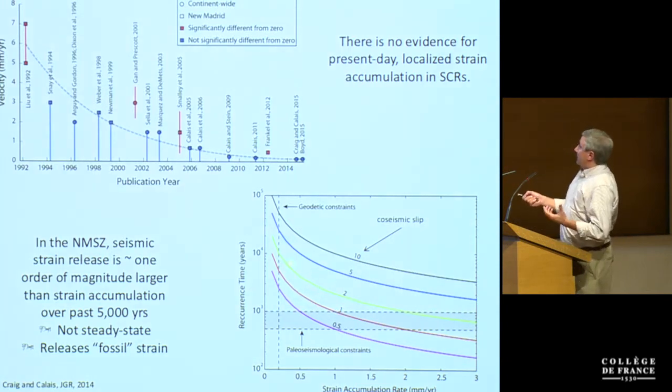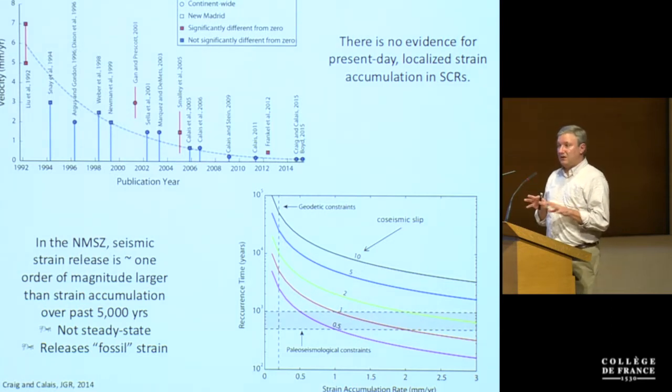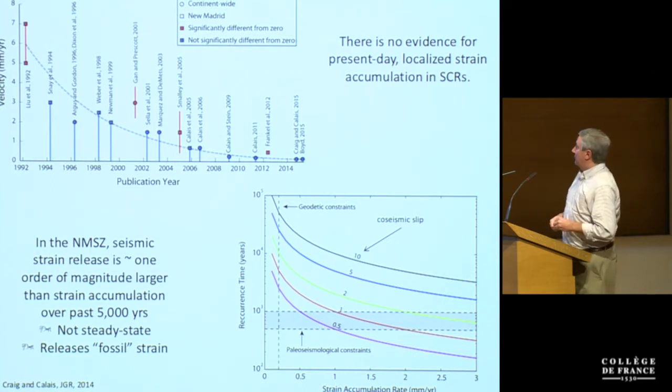Whereas, let's take a low magnitude 7 earthquake, 1 meter of slip. This is the coseismic slip in meters. The upper bound of geodesy can tell us that we should be able to afford only 1 earthquake in 7 or 8,000 years. So there is a discrepancy here between the money that goes in the bank and how often we've been able to draw money from it.